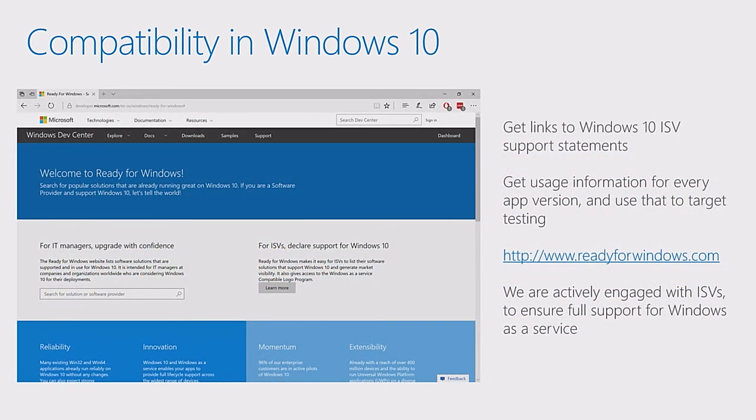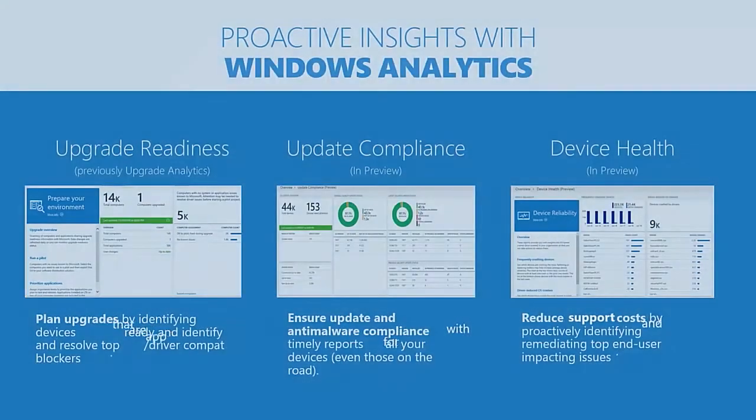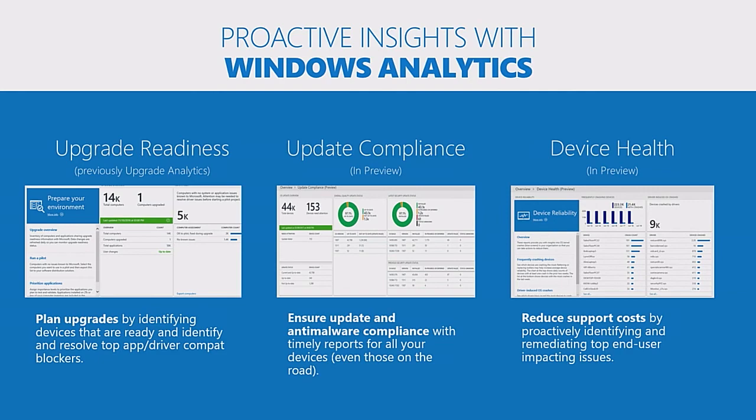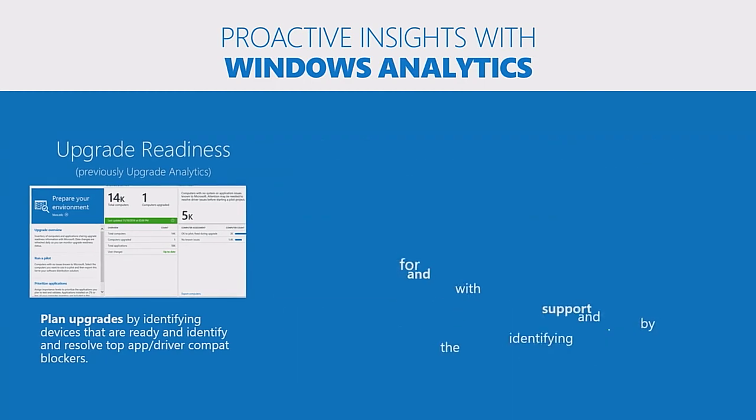We can help with the Ready for Windows site, which we took a look at yesterday. And we have Windows Analytics to help drive that upgrade process, to be able to tell you what known issues exist, what additional actions you need to take for your existing machines before you can upgrade them. So it's helpful to drive that upgrade process for existing machines.